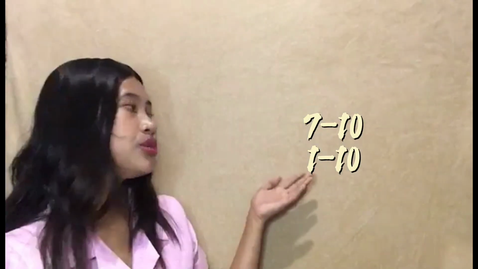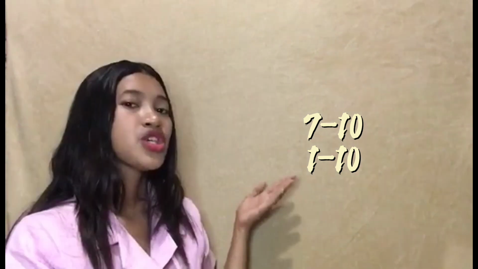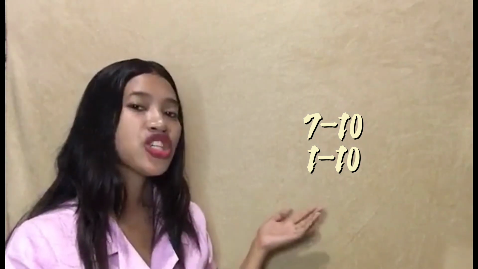For example, 7 to 10 or 1 to 10. So we put an en dash instead of the word to.